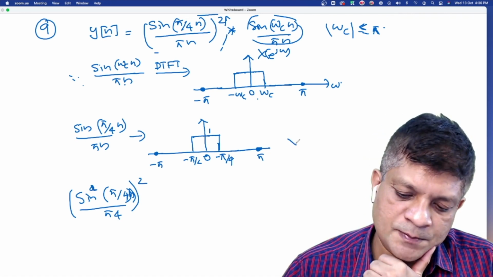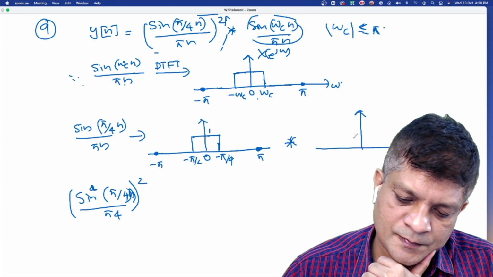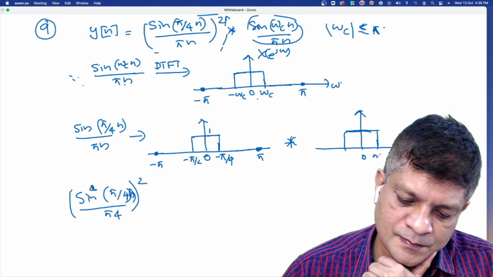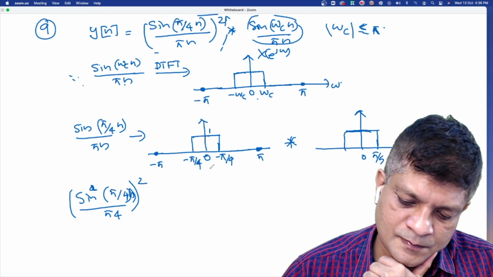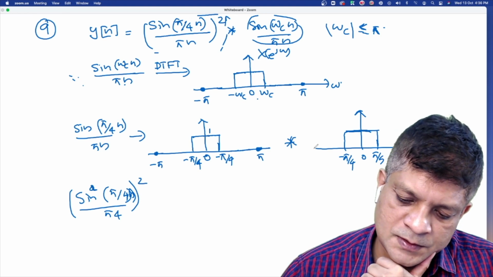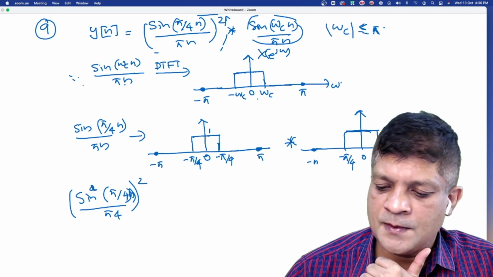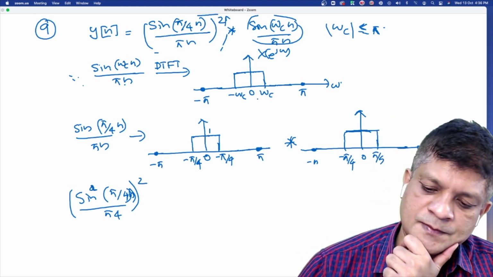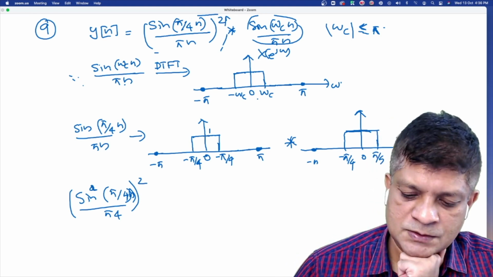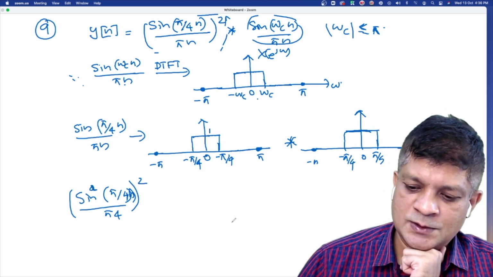So what is the periodic convolution of these two? Remember, this is only one period, minus pi to pi, and this is omega. You have to convolve this. So what is the convolution operation?